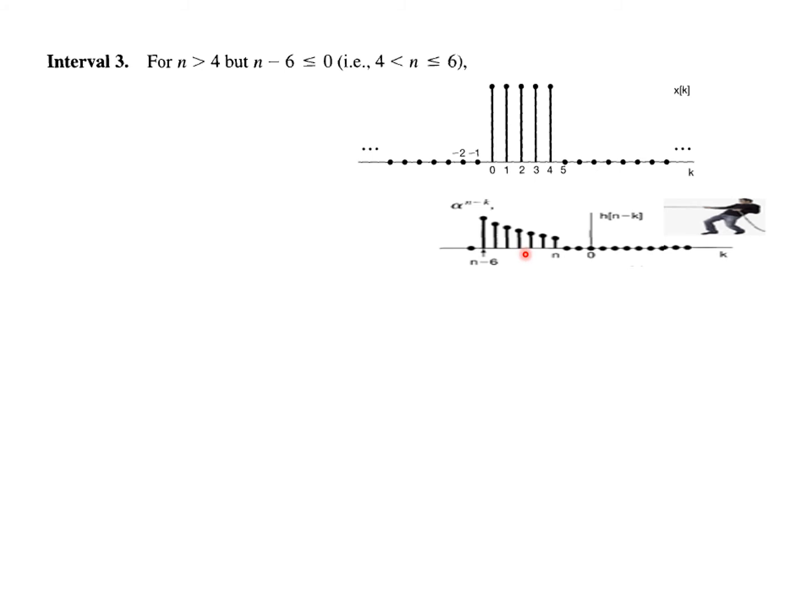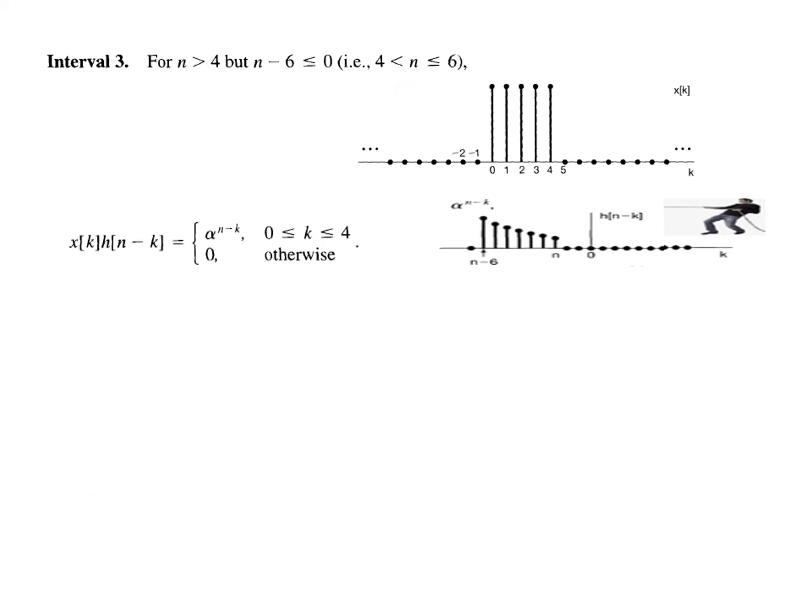When this comes inside this range. So that means for n minus 6, when it crosses 0, for the time being n minus 6 is less than 0, that is left of 0, and so the limit will be 4 to 6. This 6 you can bring it here, so n will be 6. So this is the interval.